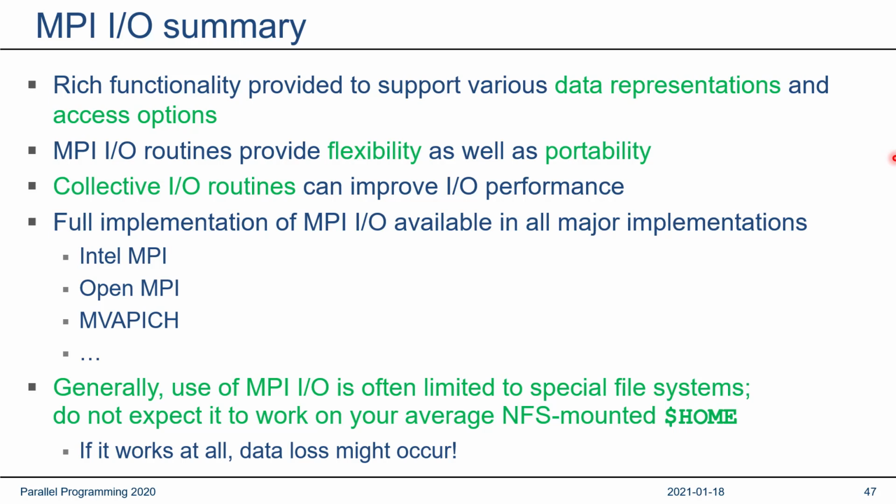For example, on many smaller clusters, all you have is your NFS-mounted home or scratch file system, which is shared across all cluster nodes. If you use MPI-IO without checking that it actually works, you can get very surprising results, including data loss and corrupted data. So the underlying file system infrastructure has to be compatible with MPI-IO. If you don't know that, ask the administrators.